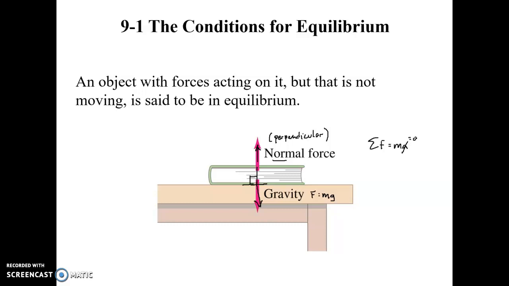If a is equal to 0, then the sum of forces must also be equal to 0, which means that the normal force and the gravity force are canceling each other out. This cancellation is what we call equilibrium, static equilibrium.